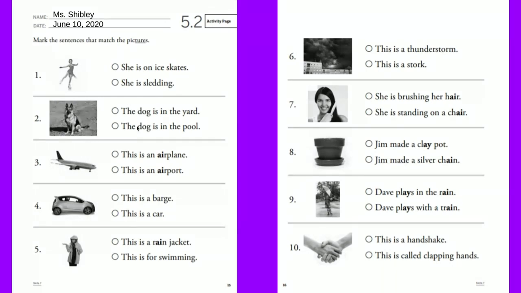Number 2, the dog is in the yard. The dog is in the pool. Number 3, this is an airplane. This is an airport.